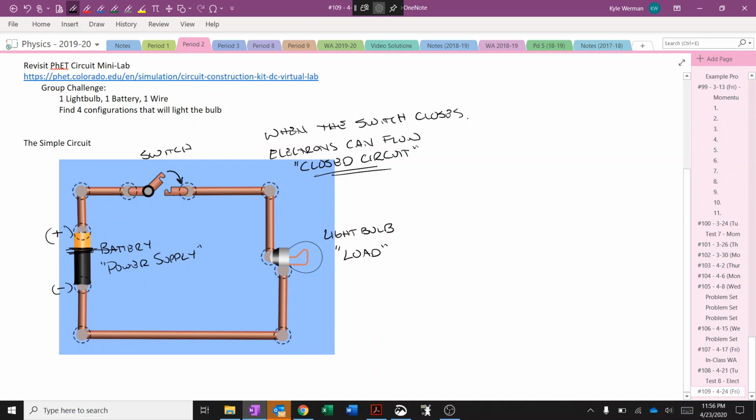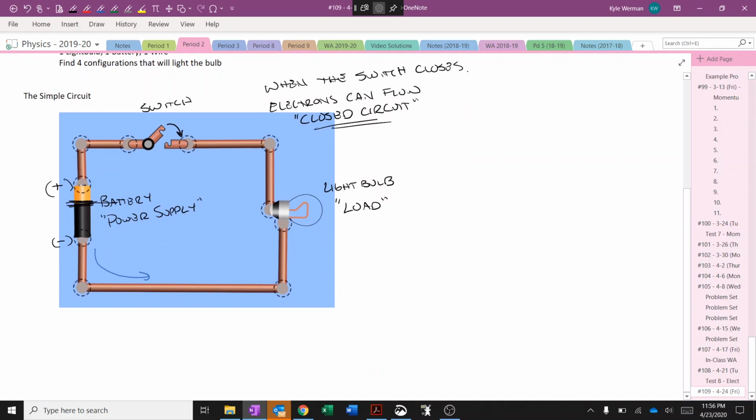Those electrons really want to move to that positive side. And when we close the switch, they have the ability to move around. When they move, that's when we get that friction, that kinetic energy, and that flow of electrons in that circuit. So that's really what we're trying to do when we're running a circuit.